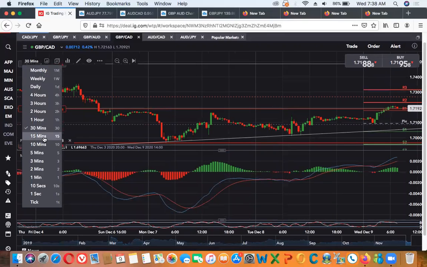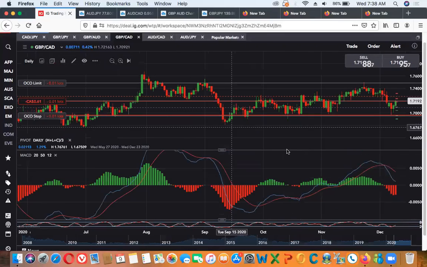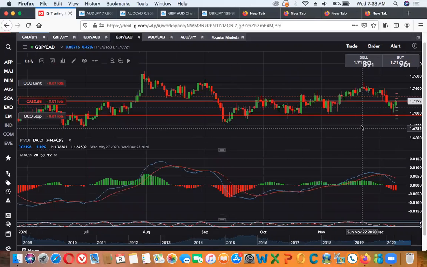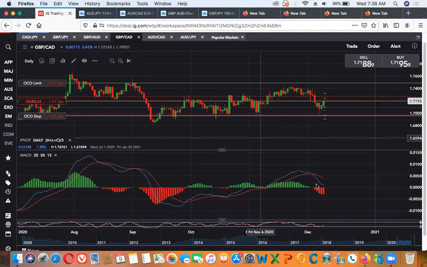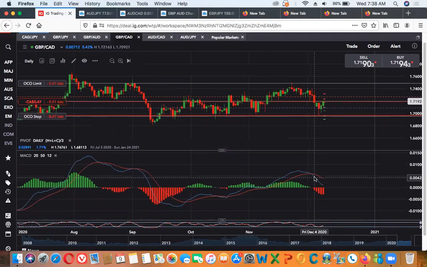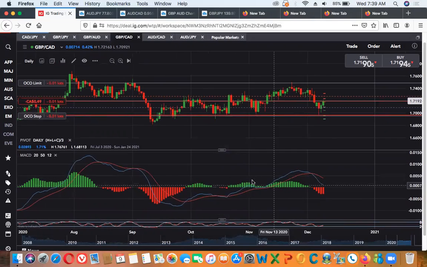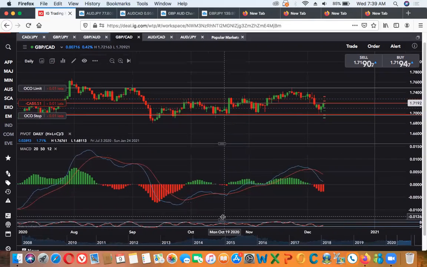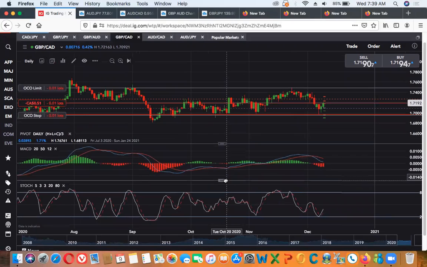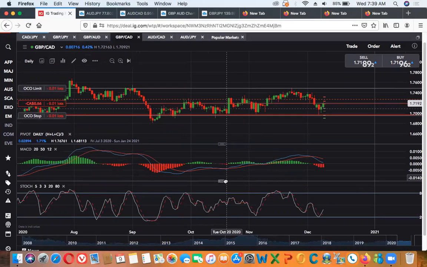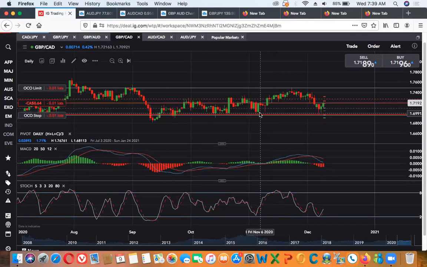Also looking at the daily, remember we are overall bearish. We see we got the MACD cross, signaling the beginning of a downtrend. It is in a no trade zone because it's mapping off this low area here that we marked off.